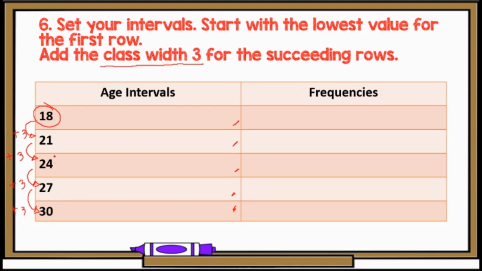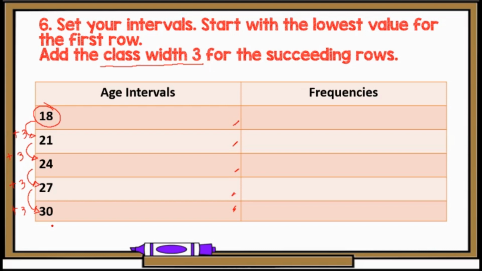So, if you just use 4 intervals, there will be values that will not be included in your frequency table. So, if you end up with a number that is not a whole number, with a decimal, round up. Don't round down. Okay?